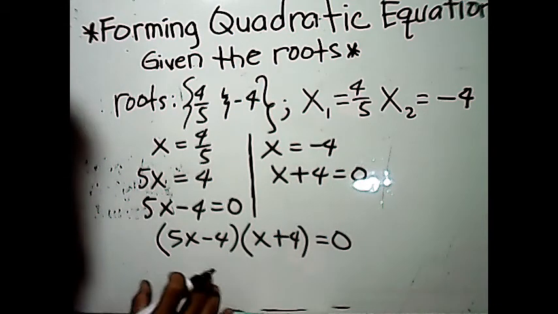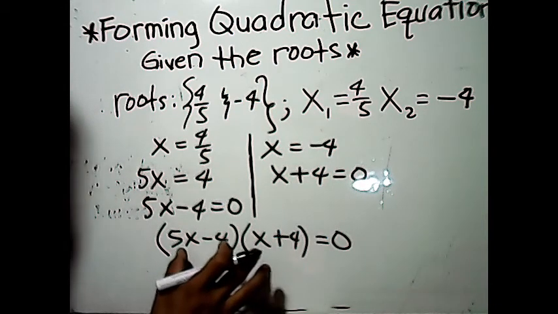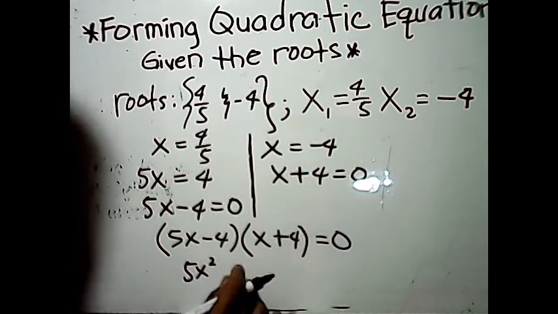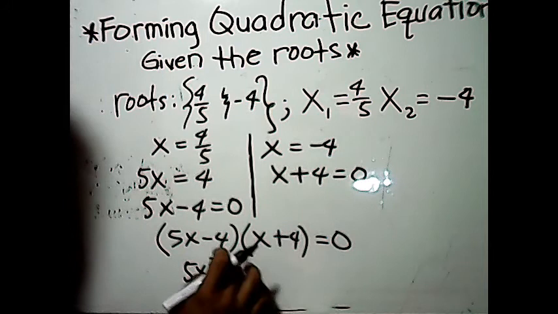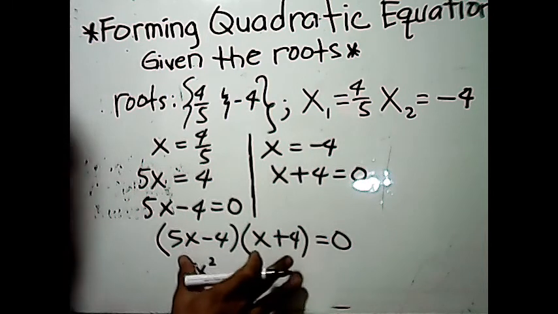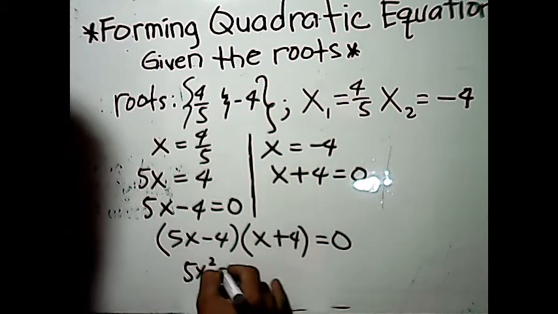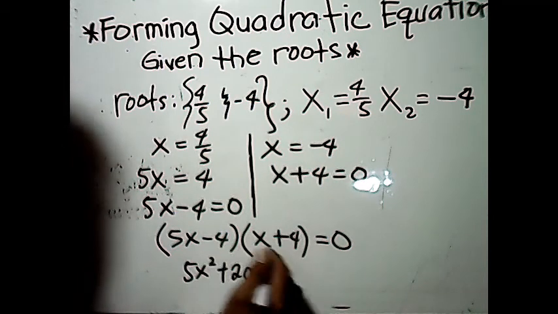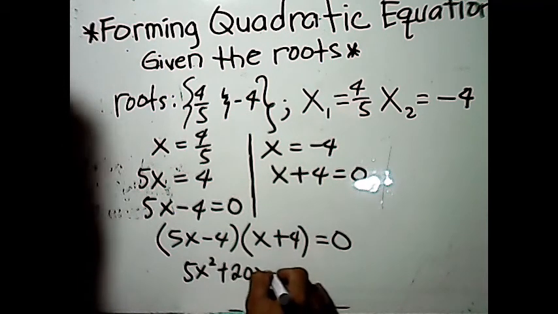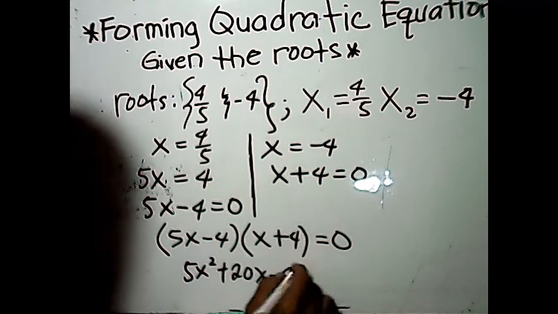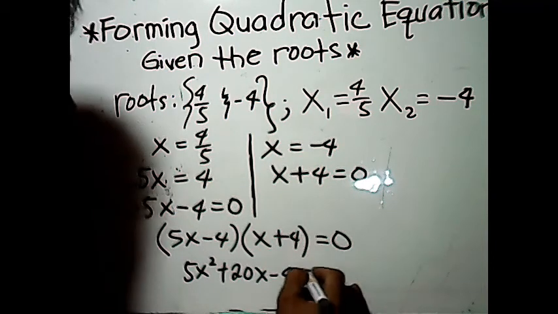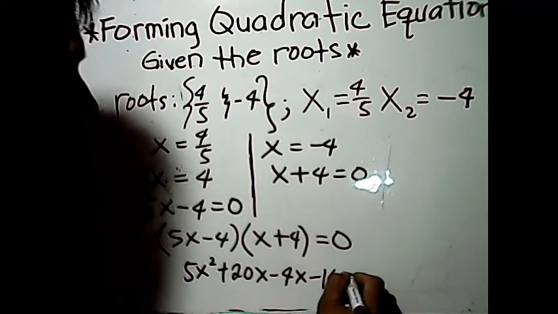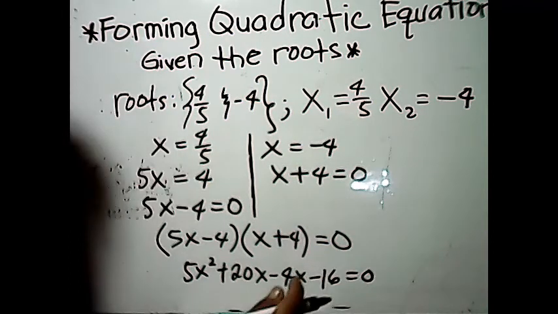Okay, again, multiply. So first terms, 5x times x is 5x squared. Then outer terms, 5x times 4 is plus 20x. Then the inner terms, negative 4 times x, negative 4x. The last terms, negative 4 times 4 is negative 16, equals 0.